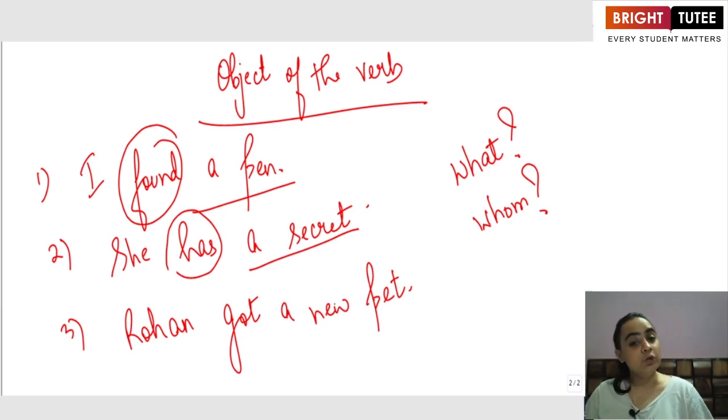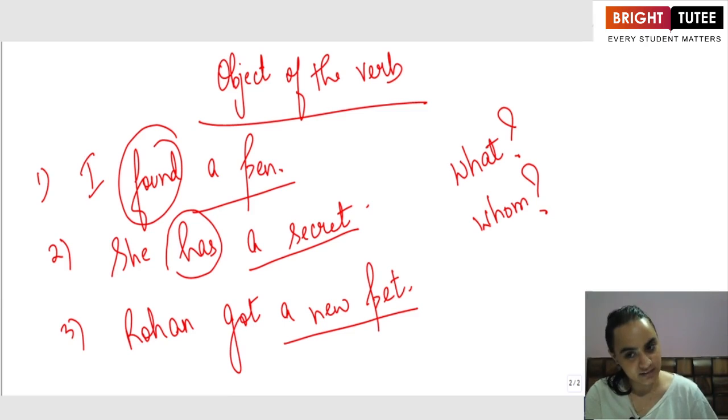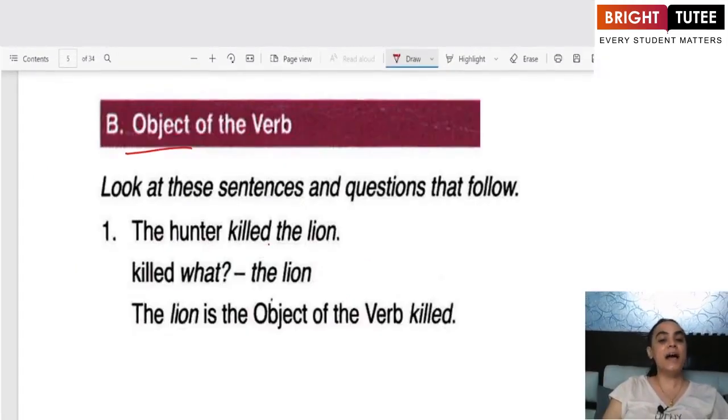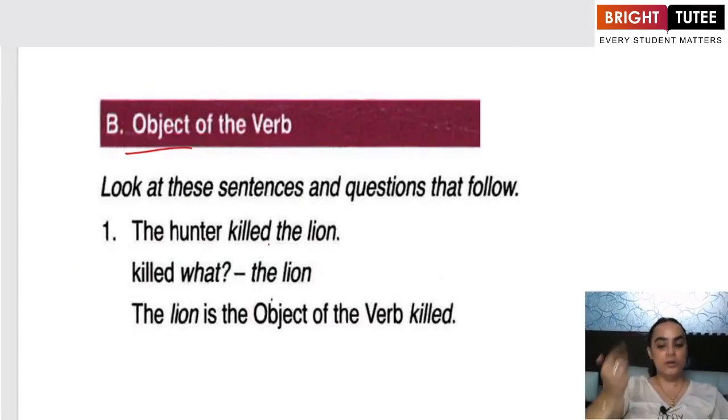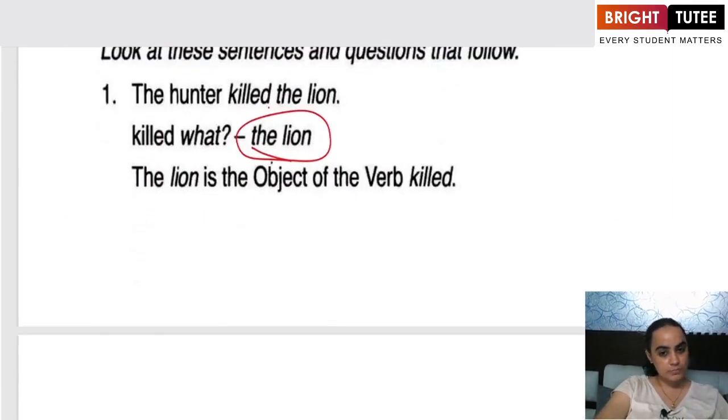Rohan got a new pet, so got what again? A new pet, so that is the object of the sentence. So basically, when we ask the question what or whom in the sentence, we get the object used in the sentence. The hunter killed the lion. Killed what? The lion. So that is the object of the verb.